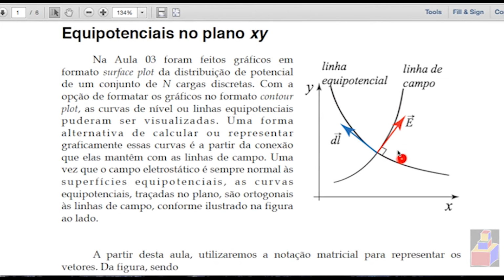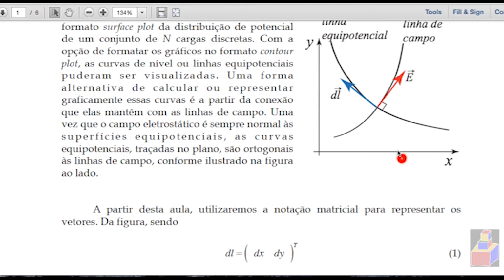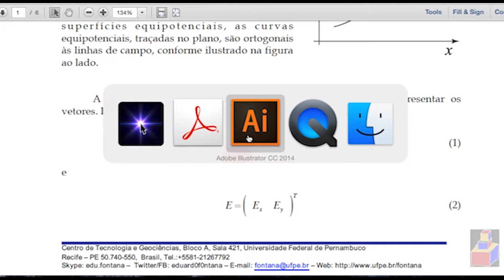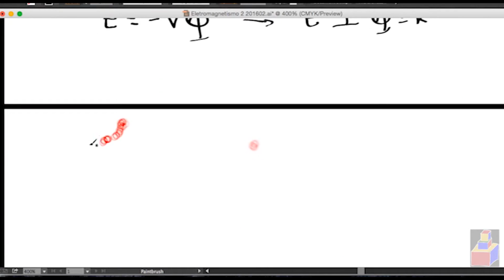vectors. So we are going to represent the fields in MathCAD notation, okay? The increment dl is a 2-element vector. This is a vertical vector. I mean, the dl is like this.